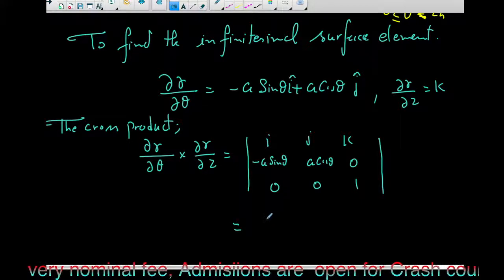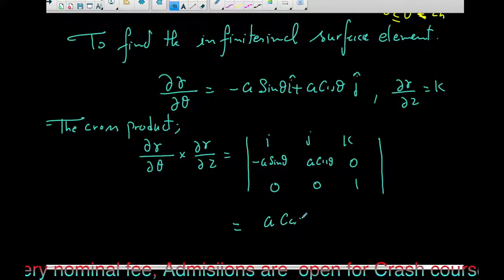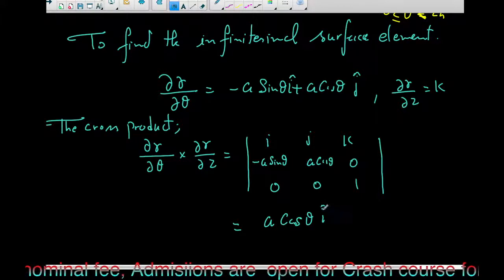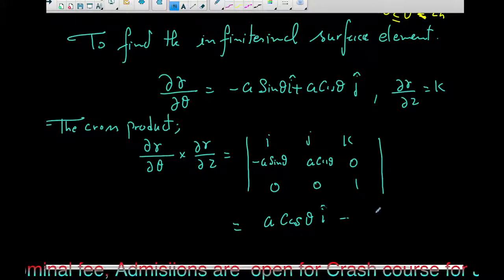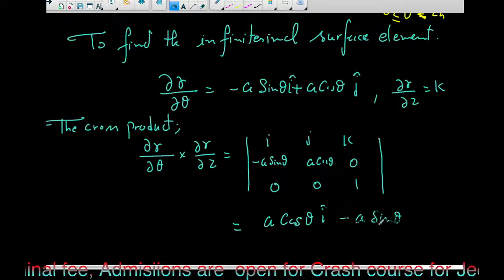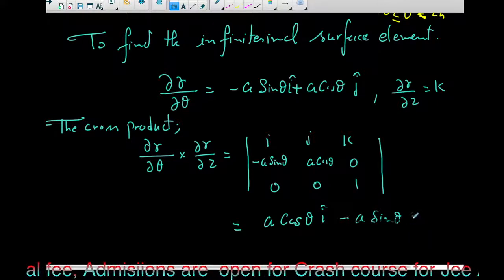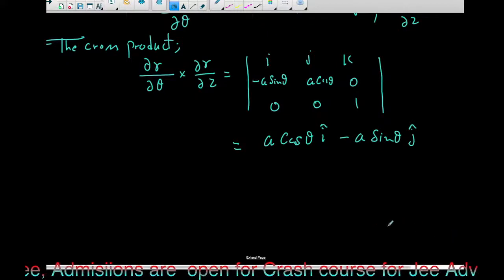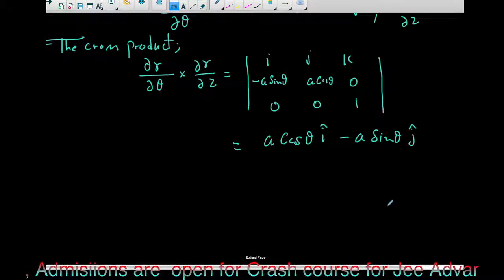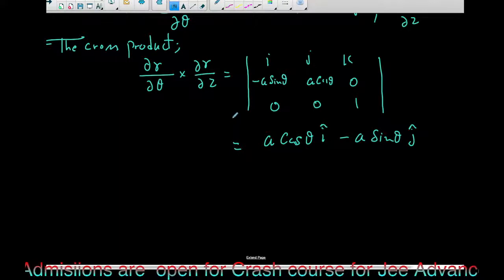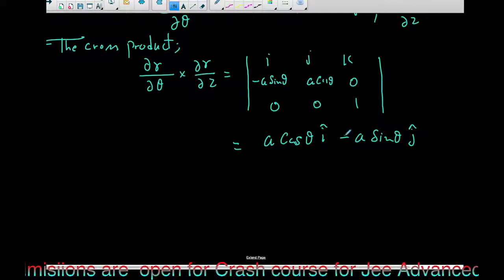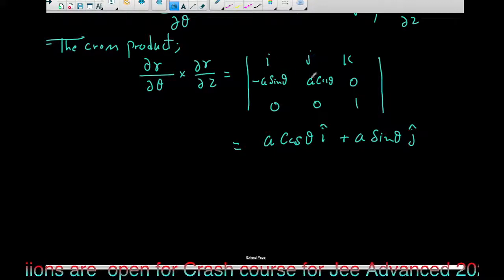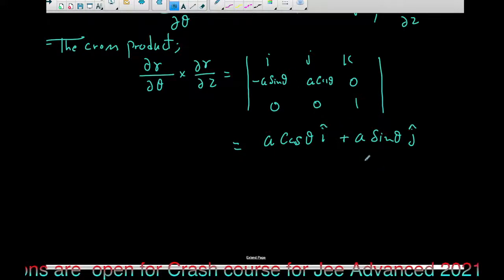Here that is a cos theta into i, and that was minus a sine theta into j. Correct? Is this okay? So this j was negative. So it should be plus, yeah, plus a sine theta into j.